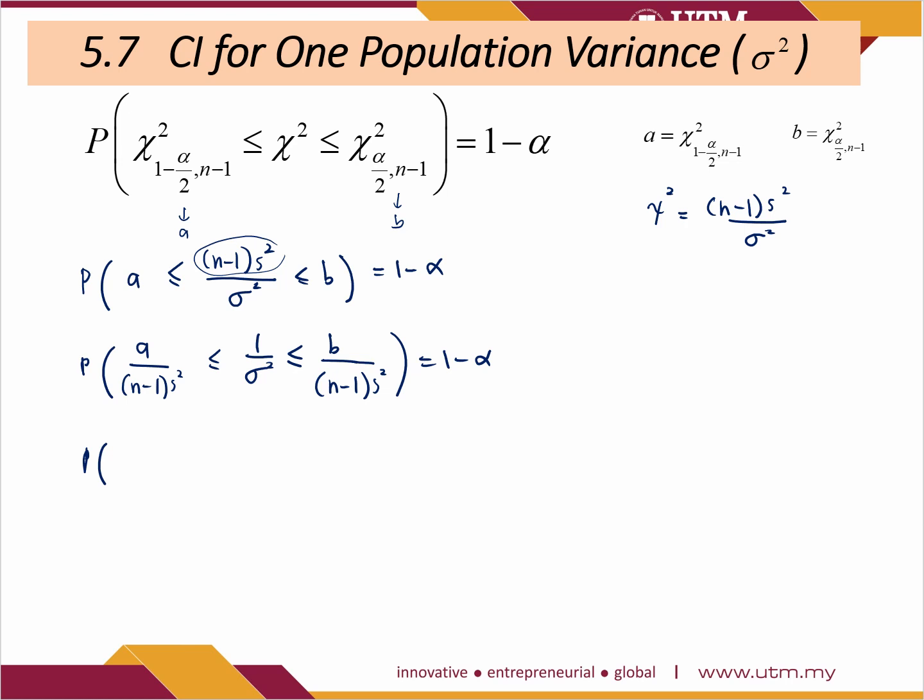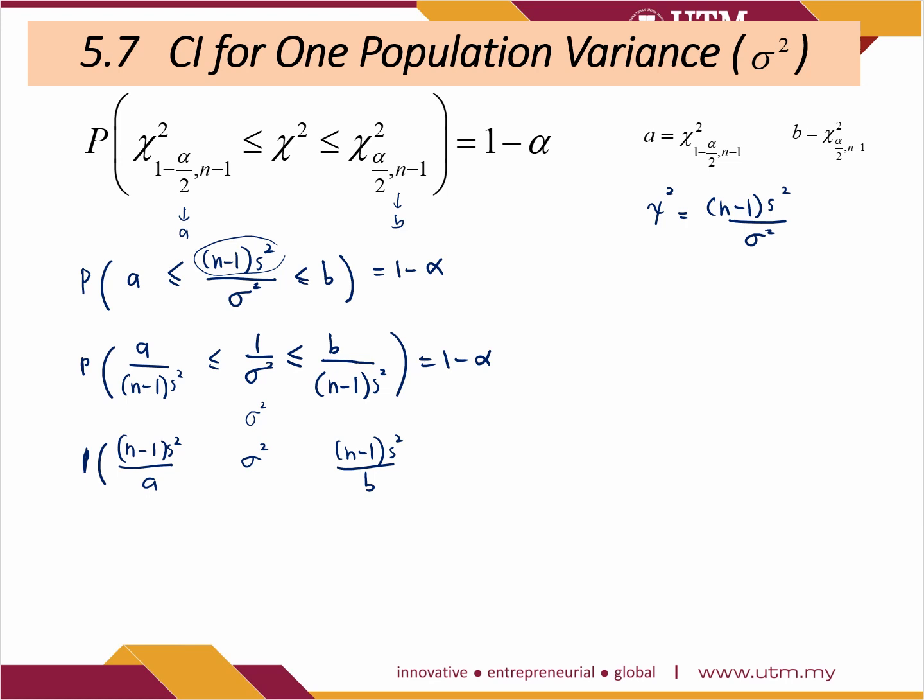So how can we let this be sigma square? What I will do is take the reciprocals, where it will be 1 over sigma square. So here would be our sigma square, and then 1 over A over n minus 1 s square will be n minus 1 s square over A. And this one also becomes n minus 1 s square over B.